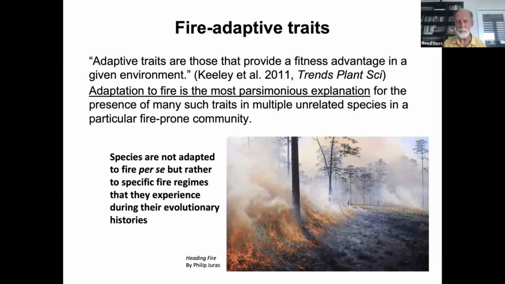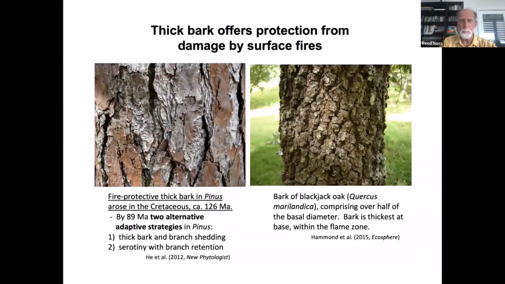And so when we have so many cases, many different families of plants, for example, that show suites of these traits, adaptation to fire is the most parsimonious explanation. But it's important to recognize that species don't adapt to fire per se, but rather to very specific fire regimes, those that they have experienced during their evolutionary histories. So it makes sense that if we change these fire regimes, we're going to have repercussions on the community.